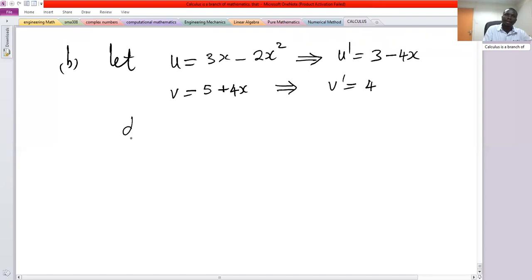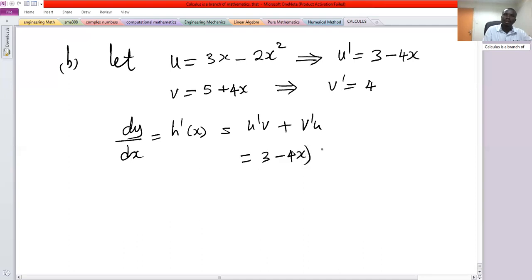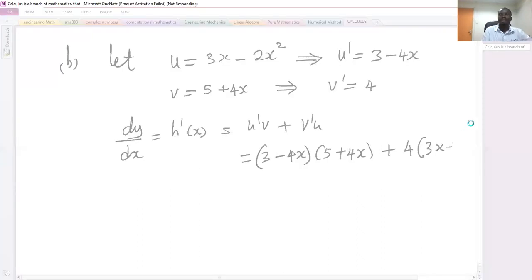So dy dx, which is the same as h prime of x in this case, is given by u prime v plus v prime u, so which will be 3 minus 4x times 5 plus 4x plus v prime is 4 into u, which is 3x minus 2x squared.